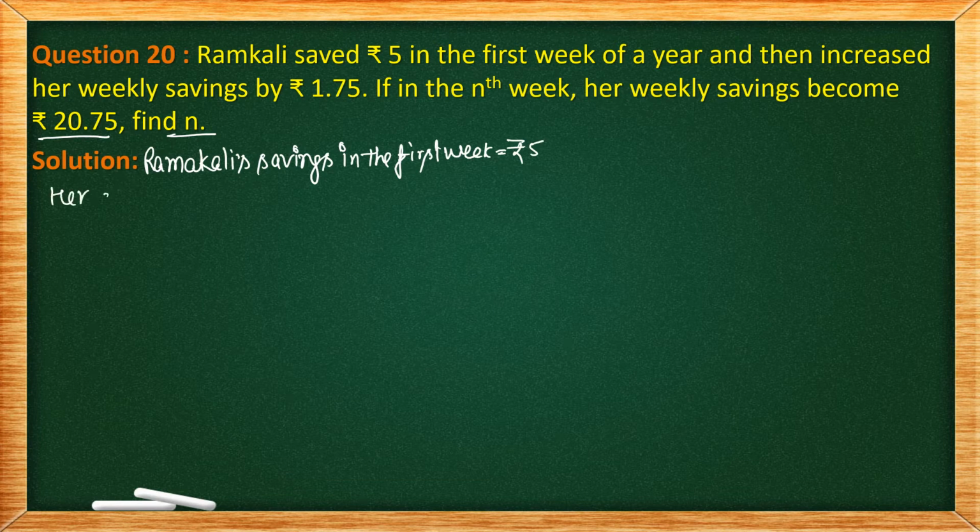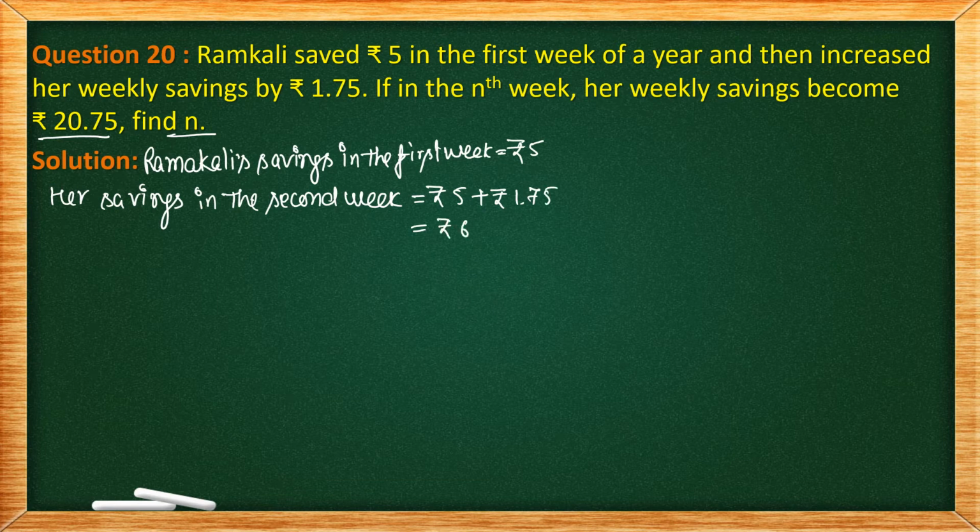Now her savings in the second week is equals to rupees 5, and it is increased by rupees 1.75, and now she is going to save in the second week 6 rupees 75 paise.